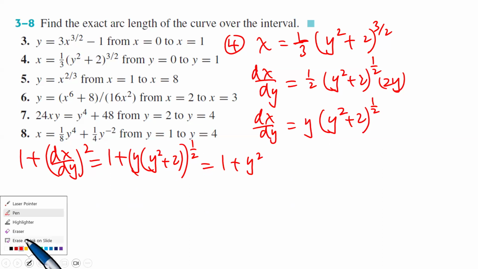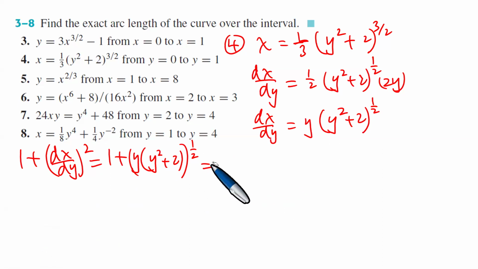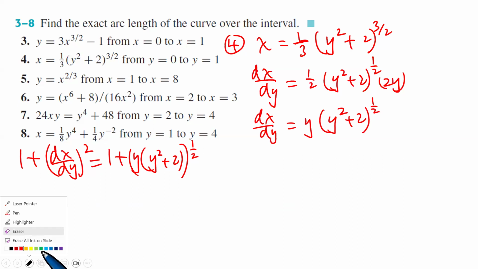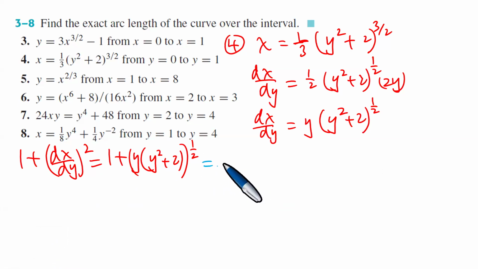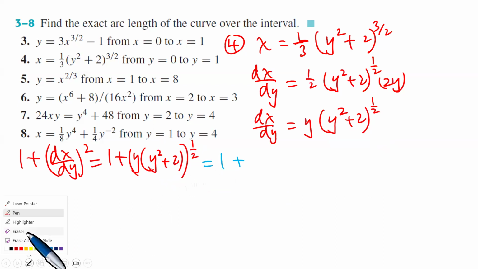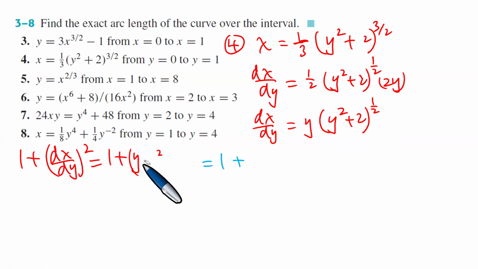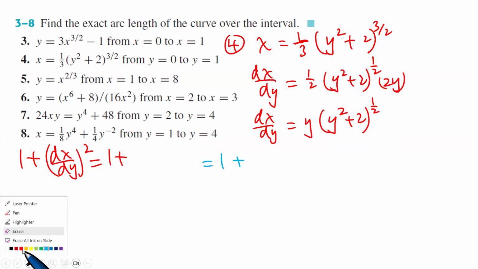Okay, let's use a different color. So which is 1 plus. Okay, it's exactly this, but you need to square it. So it is exactly this. Let me write clearly because I think the powers are just mixed up a little bit.